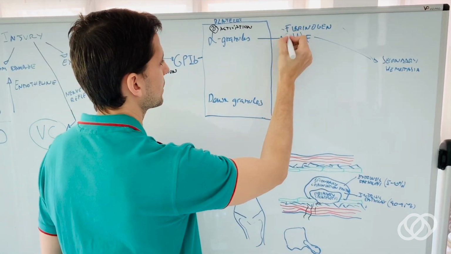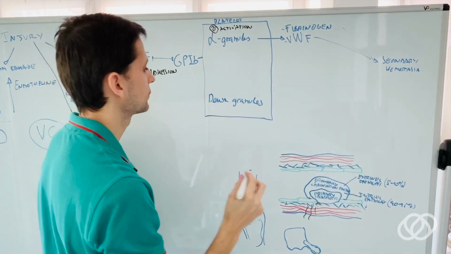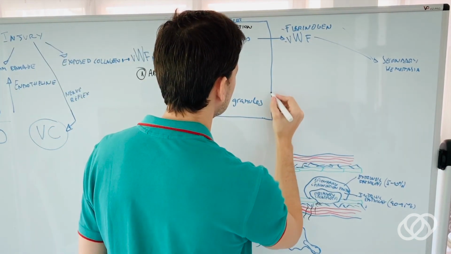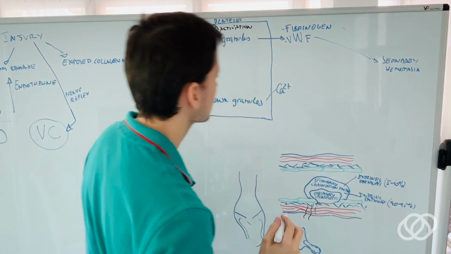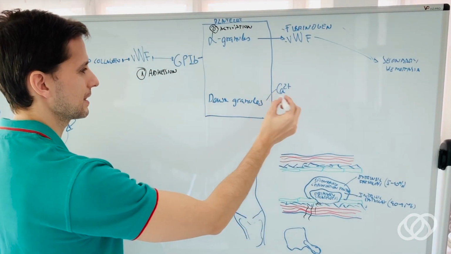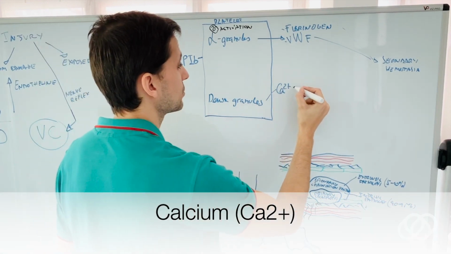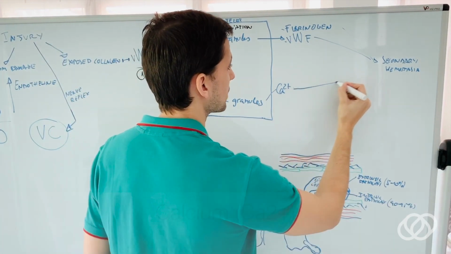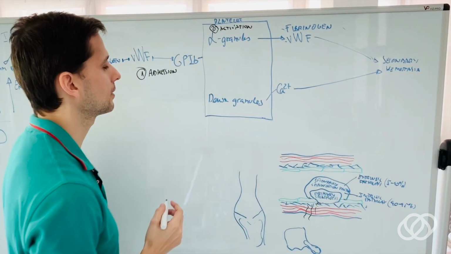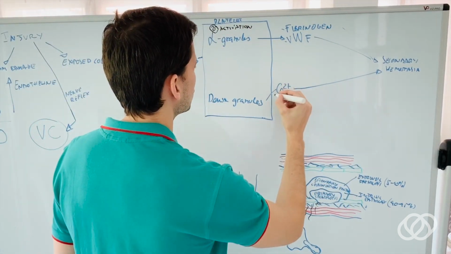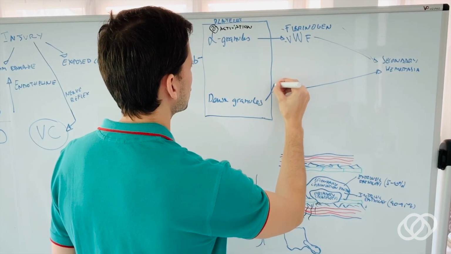What do we have inside these dense granules? Well, we are going to find calcium. We will see that this calcium is very important also for the secondary hemostasis. We will see later why. We are going to find also serotonin.